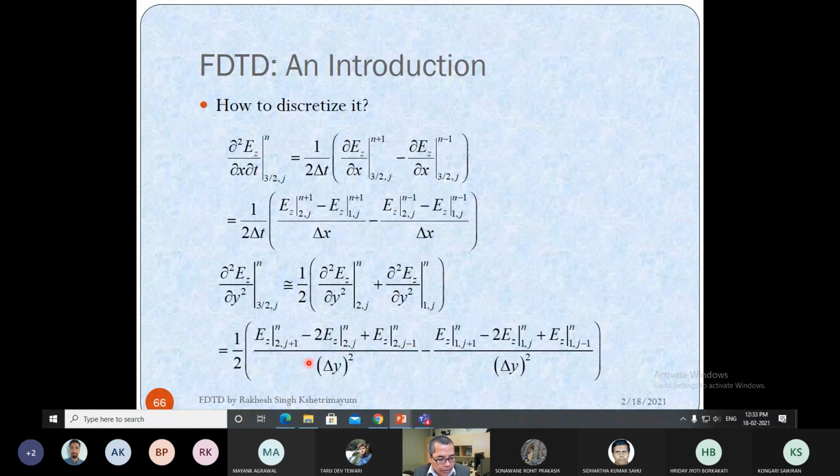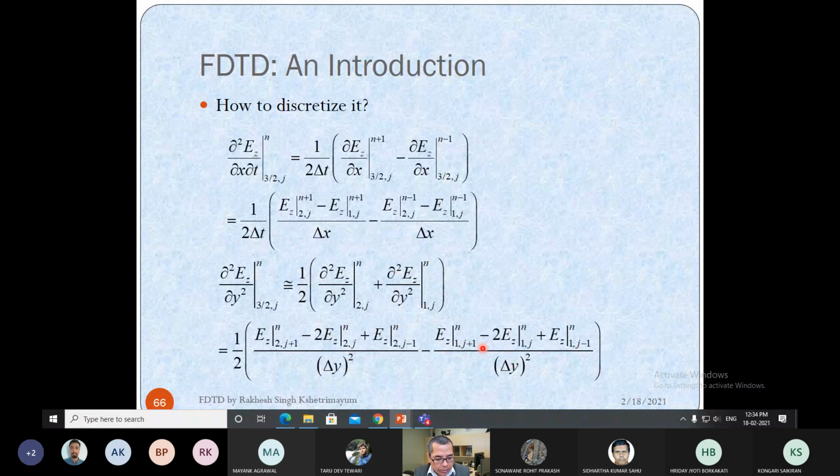So this is a double differentiation: Ez at j plus 1 minus twice Ez at j plus Ez at j minus 1, divided by delta y square. Time is the same, at time n. Similarly, you can also do the double derivative with respect to y at the nth time for 1, j; then you have to go over two intervals, j plus 1, j and j minus 1.